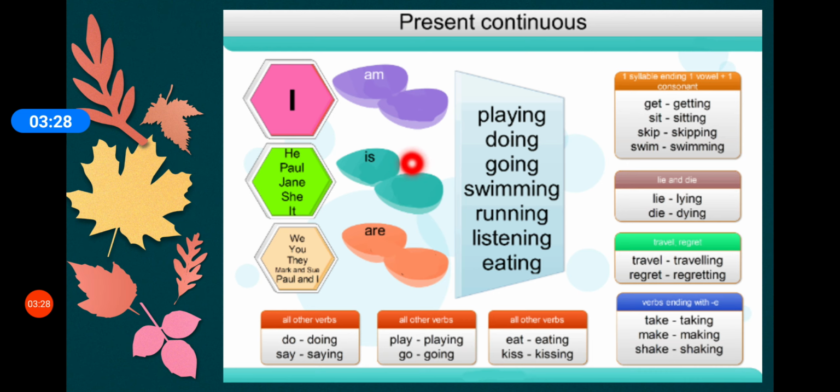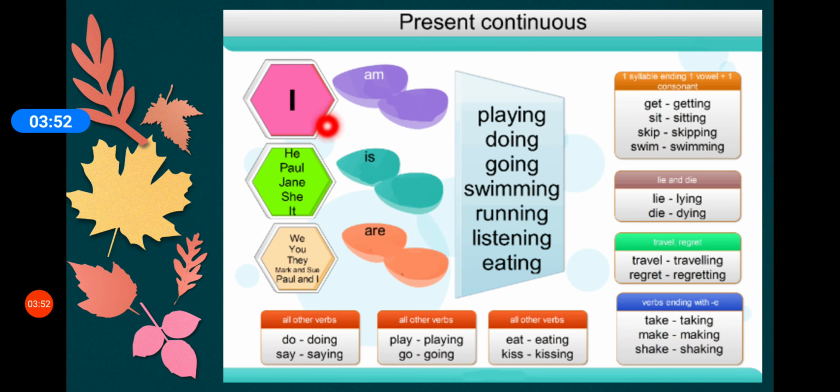Just now we learnt that with subject we make use of am, is or are. Now out of these three, which one should be used in a particular sentence would depend upon the subject of the sentence, right?